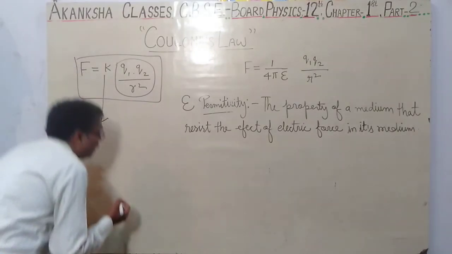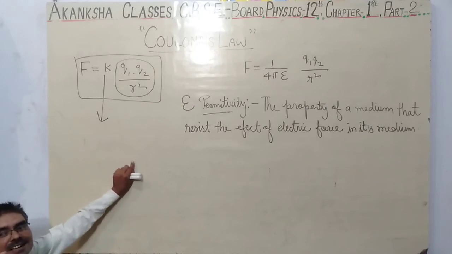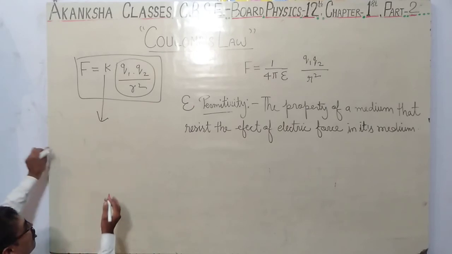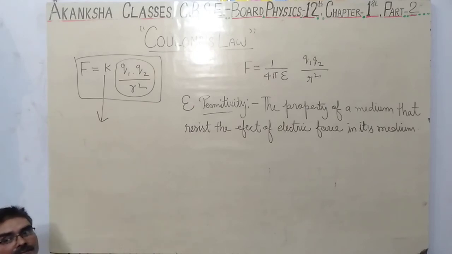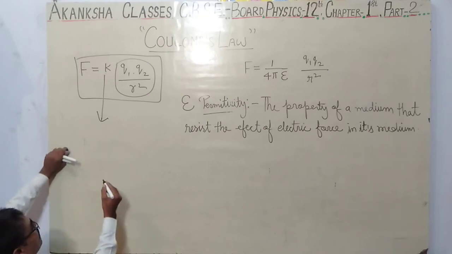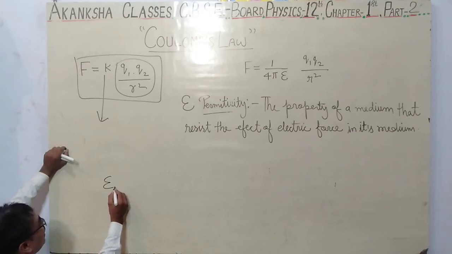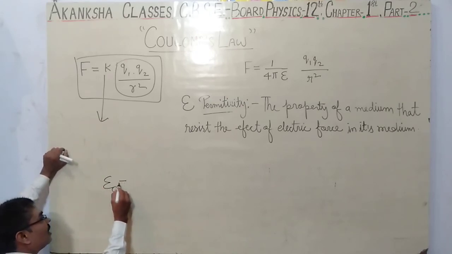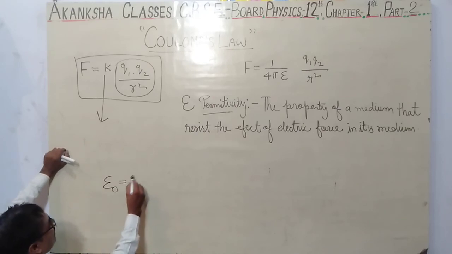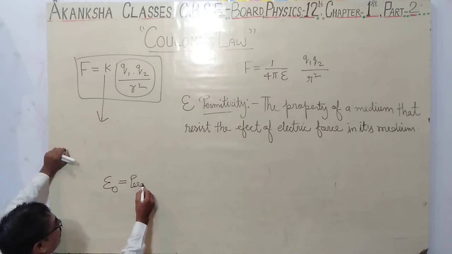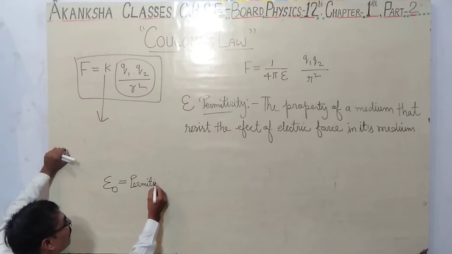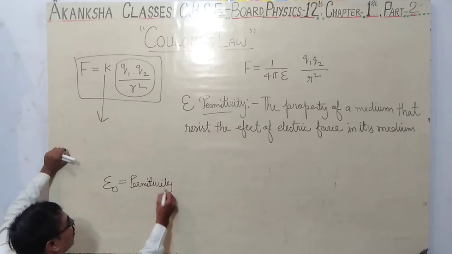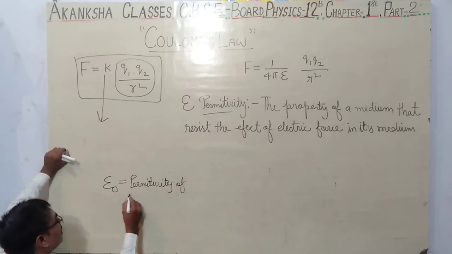When we are carrying out the same activity in vacuum, because vacuum has no molecules, zero particles, epsilon is written as epsilon naught, and is read as permittivity of free space.